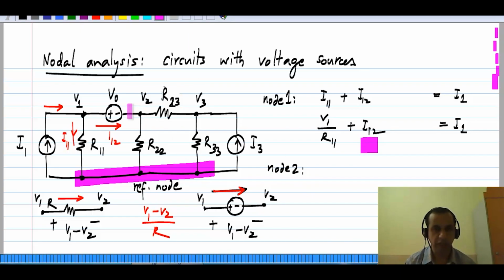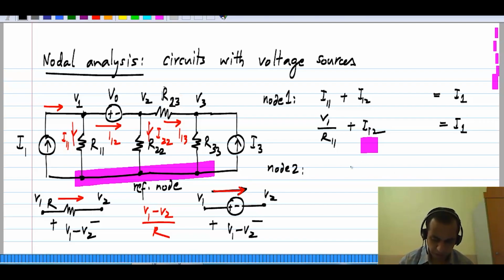Basically the voltage source is connected between node 1 and node 2. So again at node 2 I have to write I22 plus I13 minus I12, because I am taking all the currents to be flowing away from the node, to be equal to 0. Okay.